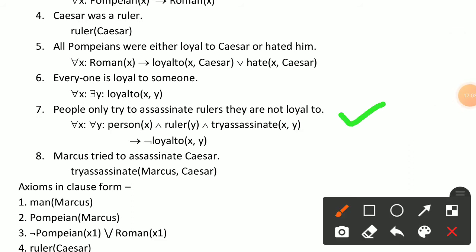People only try to assassinate rulers they are not loyal to.